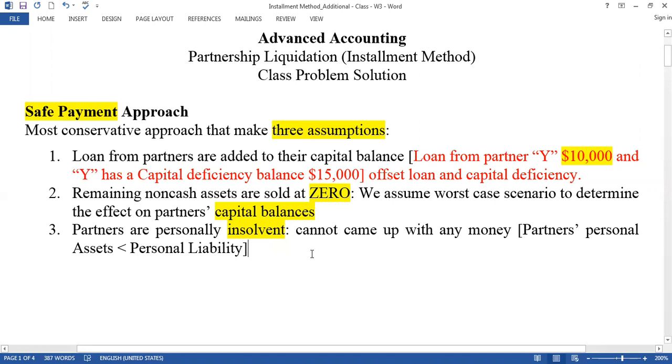This is very, very important. If a person's personal assets are lower and personal liabilities are higher, it means that he or she is completely insolvent. So this is the assumption.